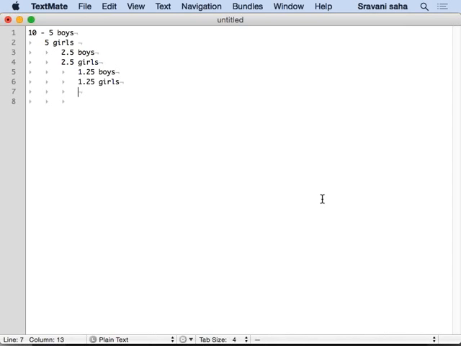Now, at any stage, if you sum up, okay? Similarly, here, how many boys are there? 5 plus 2.5 plus 1.25 is 8.75. Both are 8.75. No matter what you do, you are going to have an equal number of boys and girls.